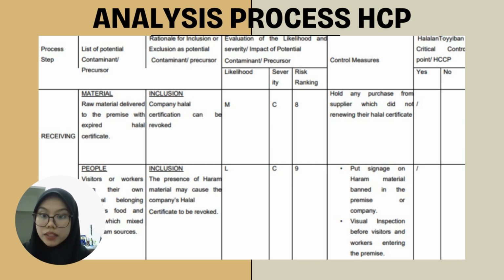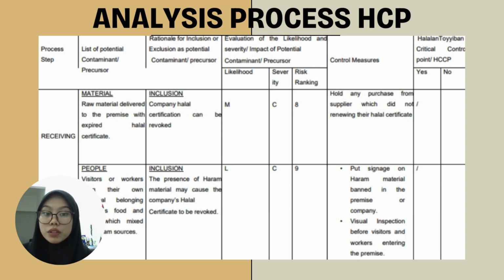The second one is people. Visitors or workers bring their own personal belongings like food and beverages which may be mixed with haram sources. The implication for people is that the presence of haram material may cause the company's halal certification to be revoked. The likelihood is likely and the severity is critical, so the risk ranking will be 9.